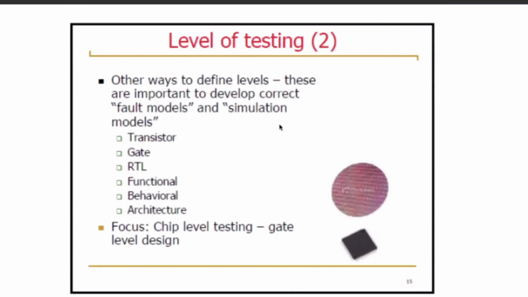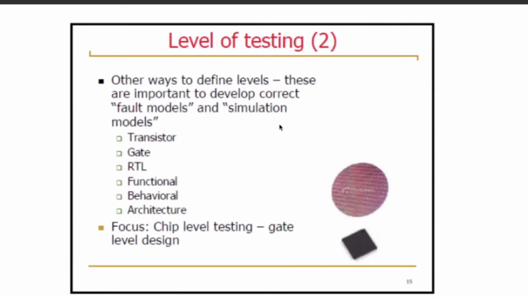In case of gates, you can identify whether the gate is working correctly or not, like whether any pin of the gate is stuck somewhere. In RTL, you can check for multiple things. Basically, you can test for memory faults in RTL, or you can test some gate level faults also.